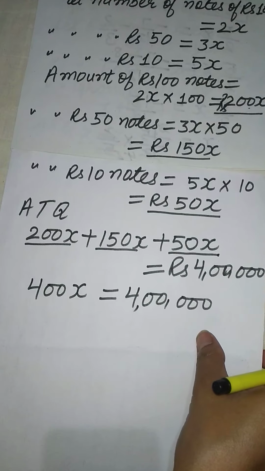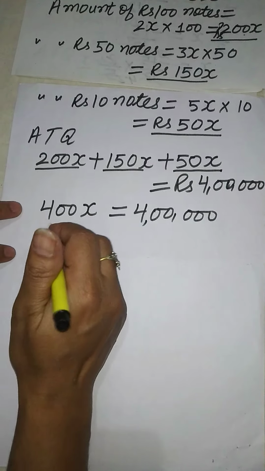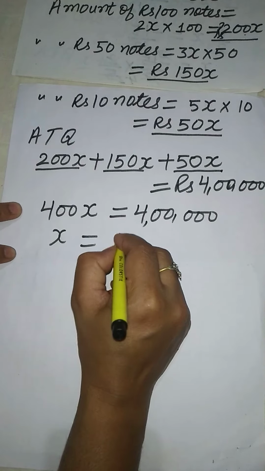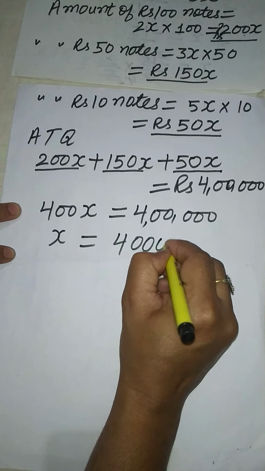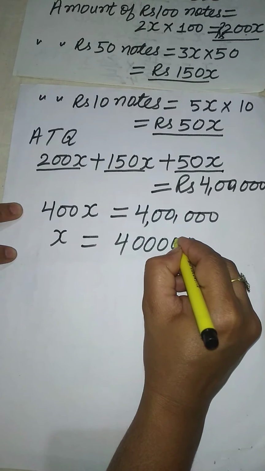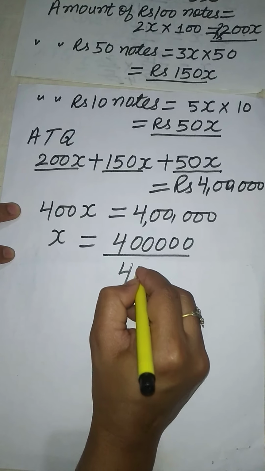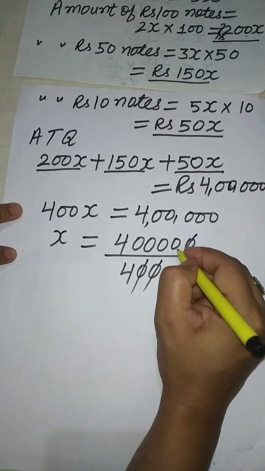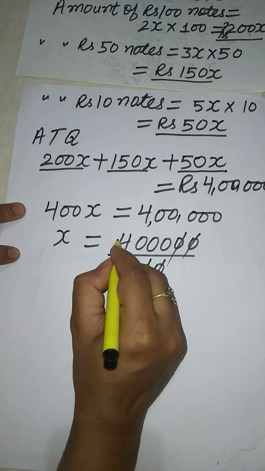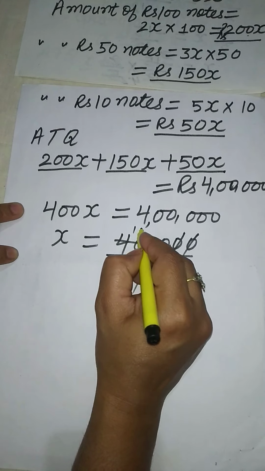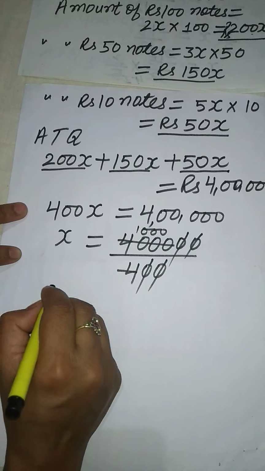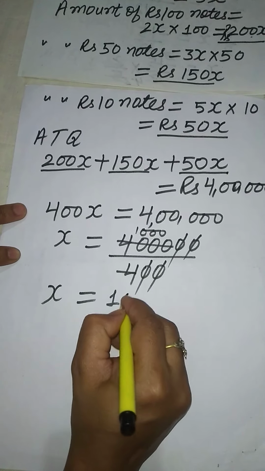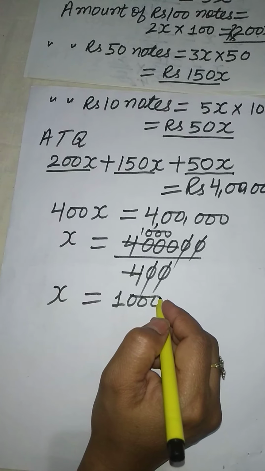Now the value of x is 4 lakh divided by 400. Now cancel the zeros, then 4 ones are 4, it is 1000. So the value of x is 1000.